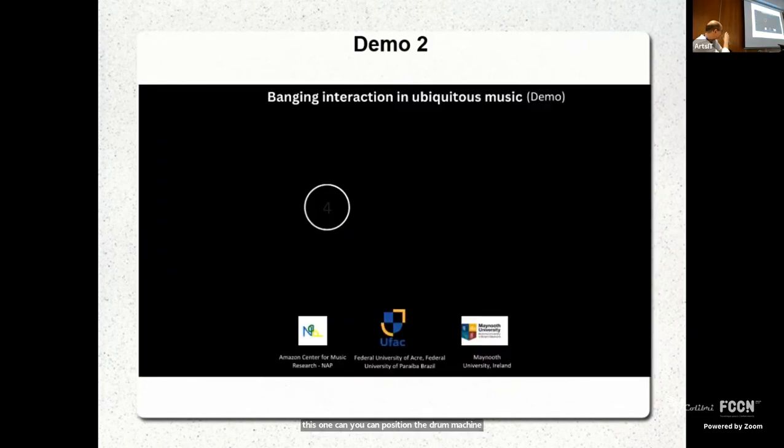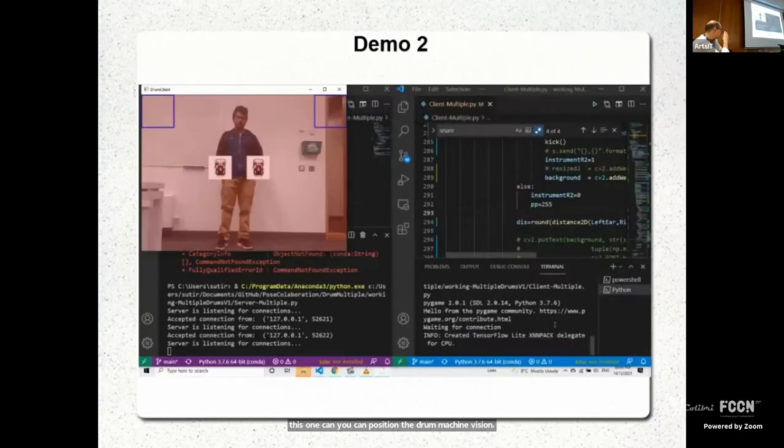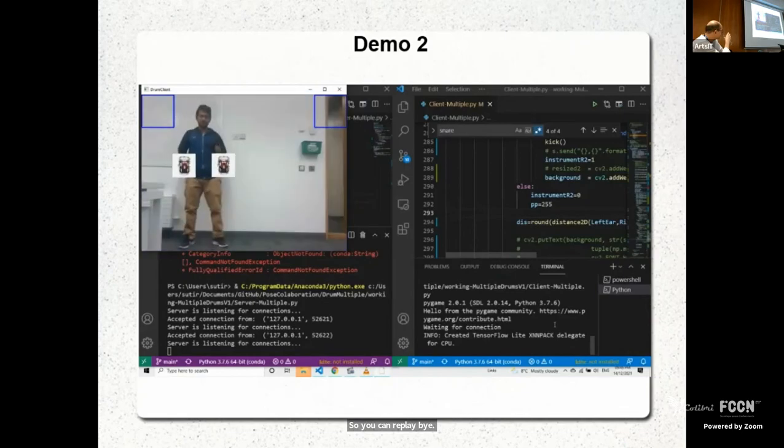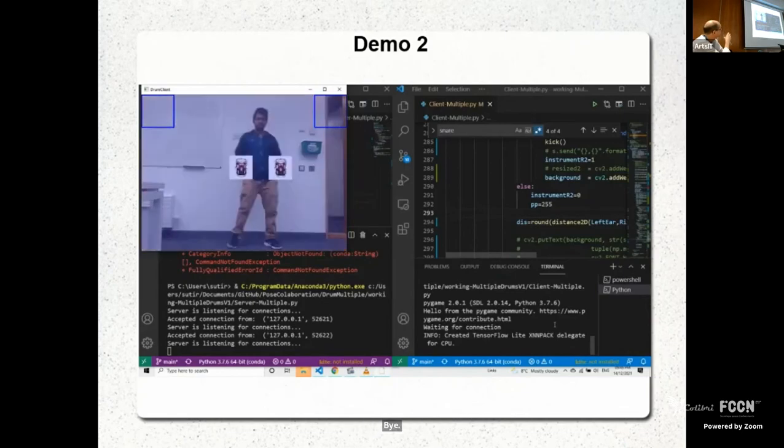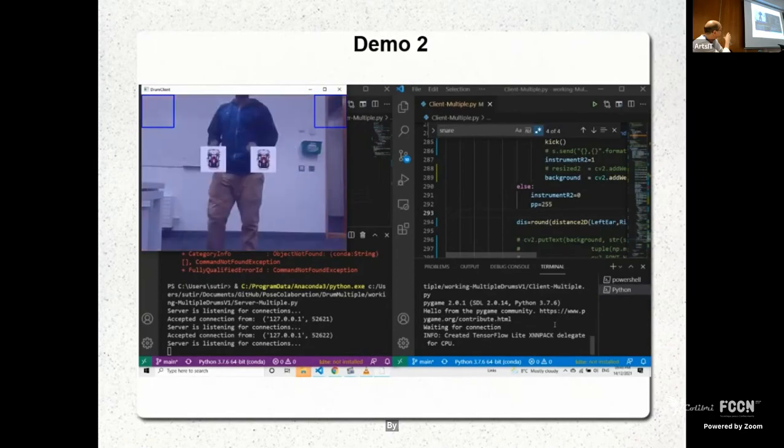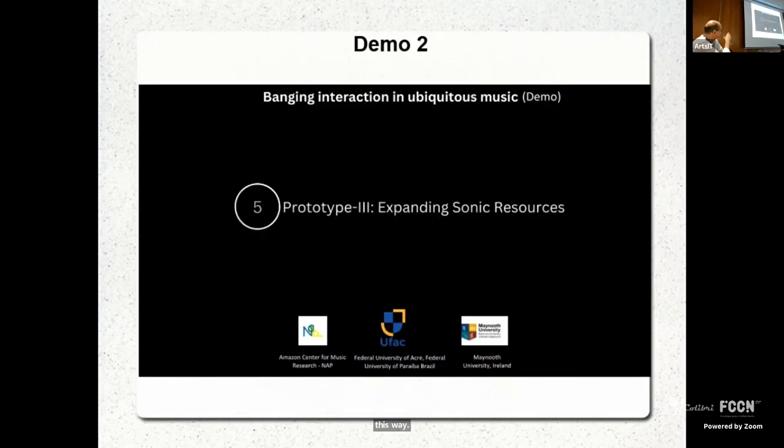So it can be played by anyone, from any part of the world. This is the way it moves along with my body, whenever I move. See this if I come closer or go far away.